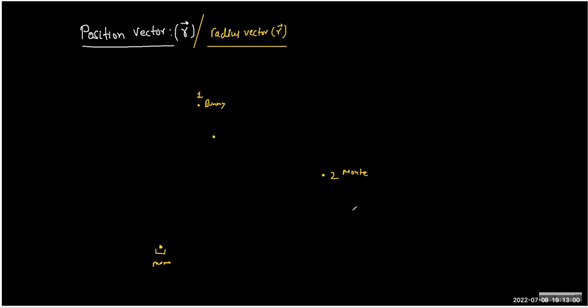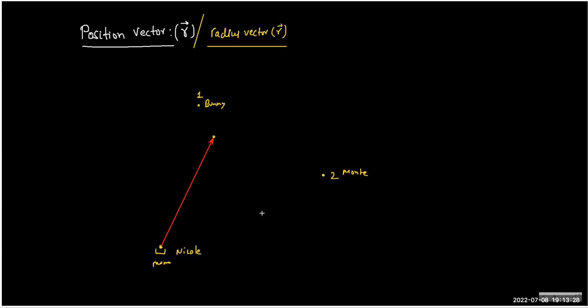You say Bunny and Monte are the two kids, and the mama is, let's say, Nicole or maybe Kidman. Doesn't matter. And you ask Nicole, like, where is Bunny? Now Nicole will point her finger towards Bunny like this. Now she's pointing her finger towards the object. Bunny is the object as described by the mama Nicole.